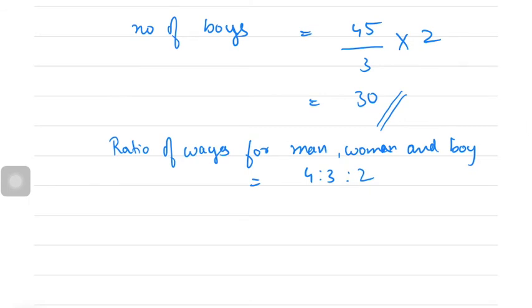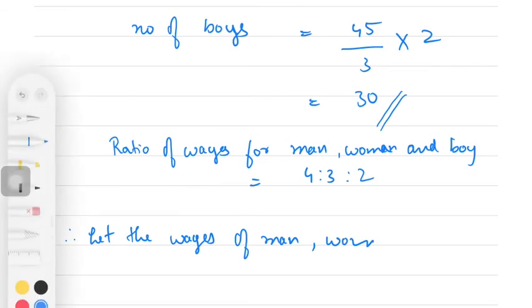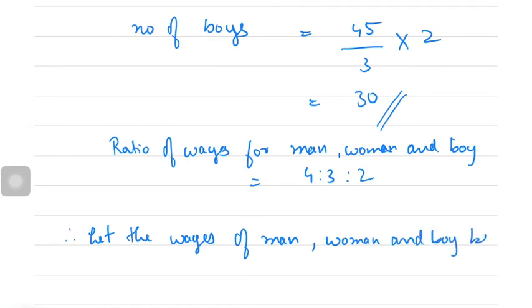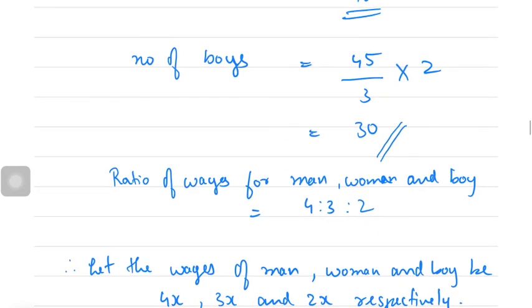So therefore let the wages of man, woman and boy be 4x, 3x and 2x respectively. Right? So ratio of wages is given as 4:3:2.